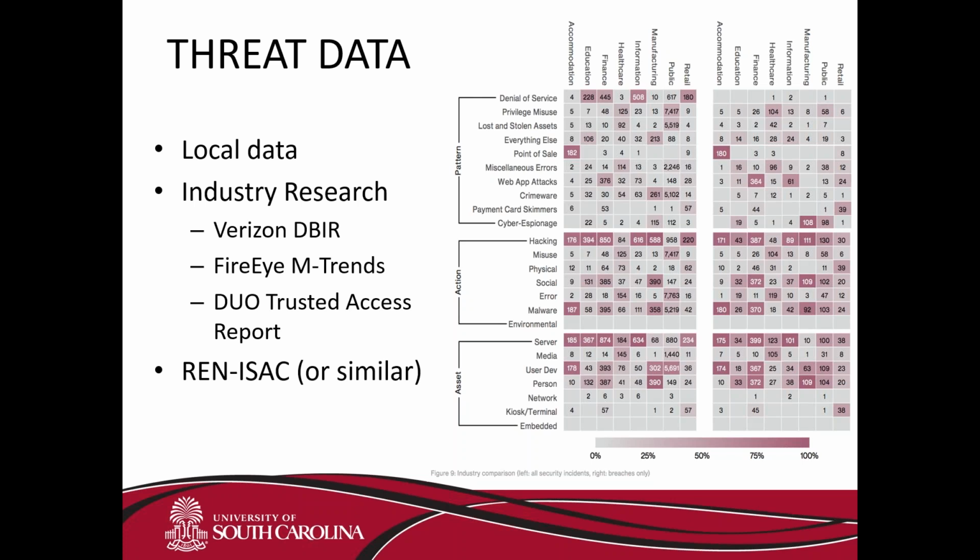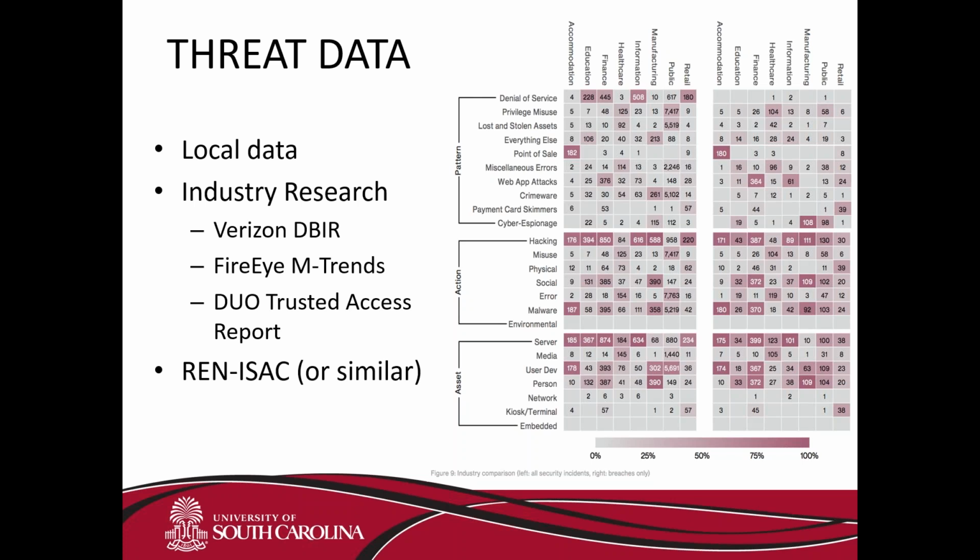And the left column are incidents, so they had some type of security event, and the right column are those that transitioned or led to a breach where confidentiality was actually broken. It's divided up by sector, so you can see the finance column in the right chart shows that web application attacks accounted for 364 of the known breaches in the finance sector last year.